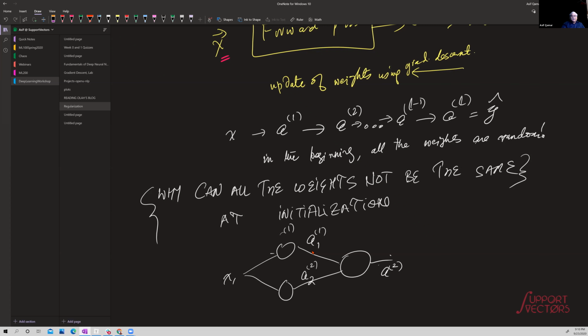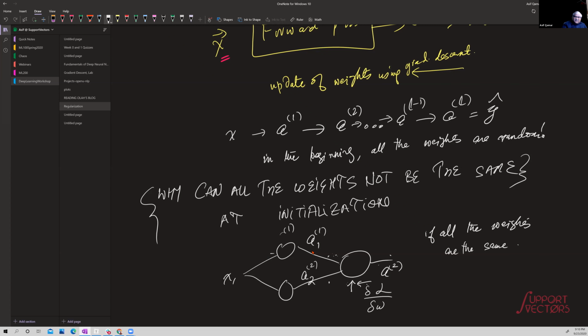Right. So think about it this way. If all the weights are the same, whatever the loss is, when you compute the loss with respect to this weight and this weight, it will be the same, right?